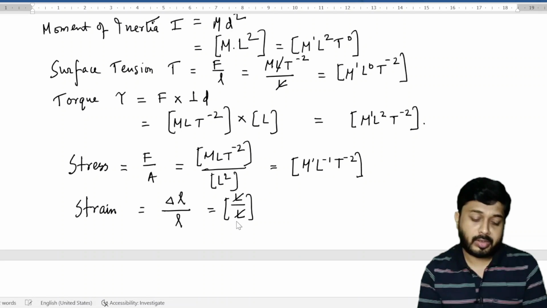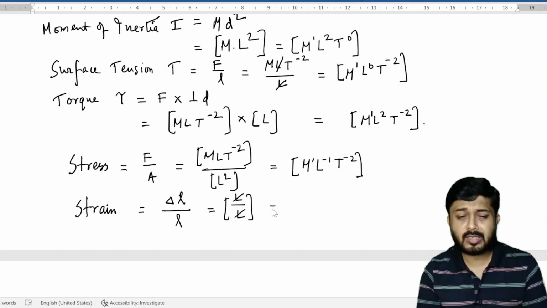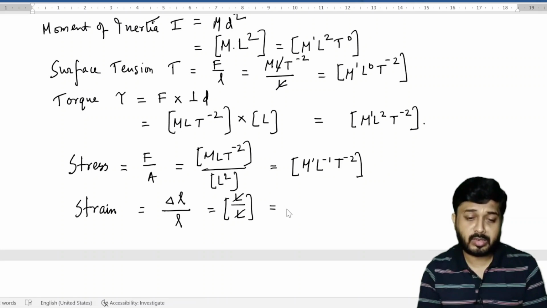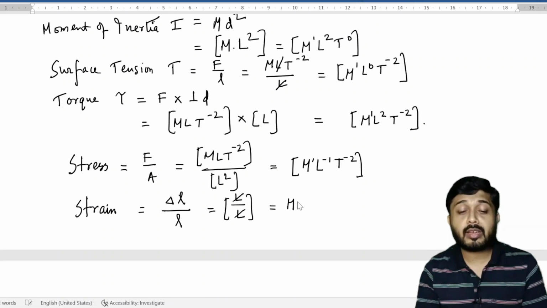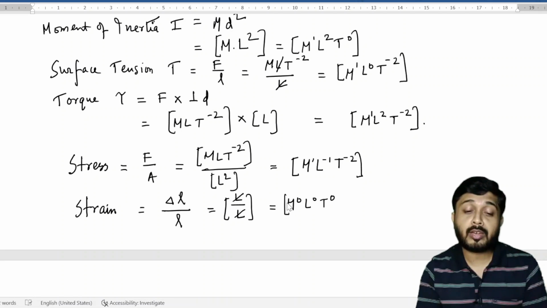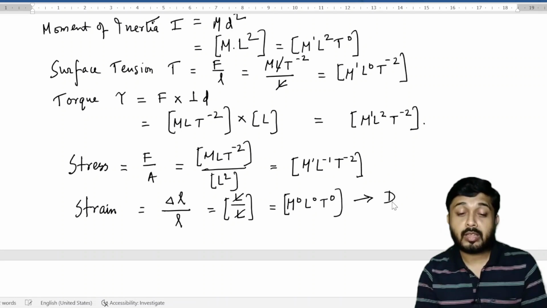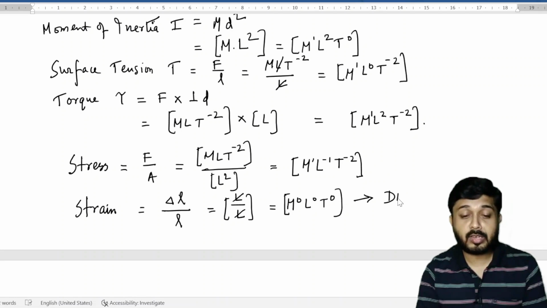So L and L are cancelling each other. So this is simply a dimensionless quantity. Well, you can write M to the power 0, L to the power 0 and T to the power 0 within the box bracket. This is a dimensionless quantity. Keep it in mind.